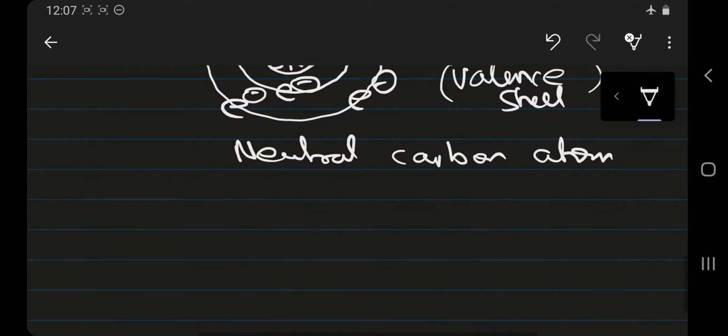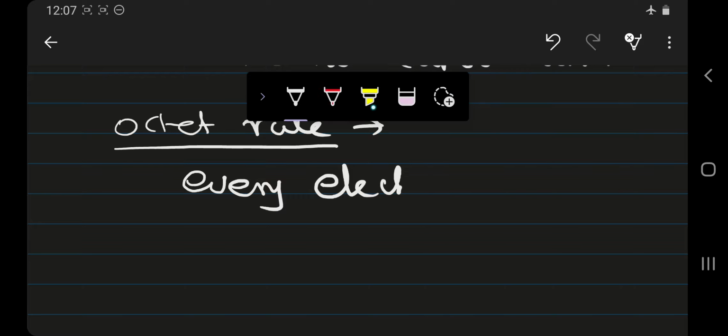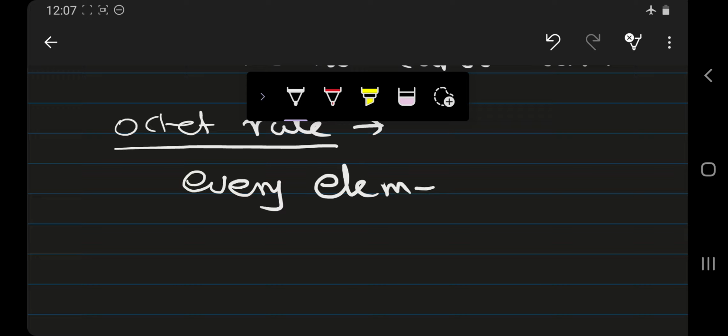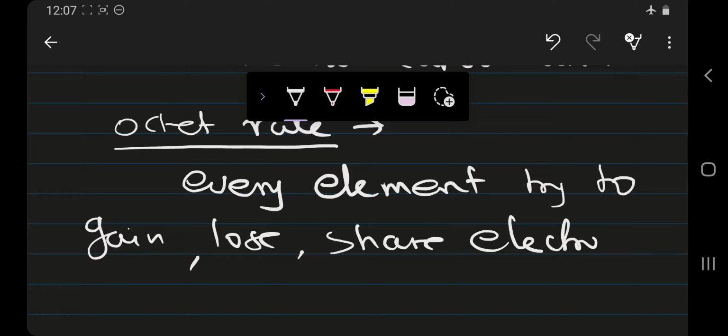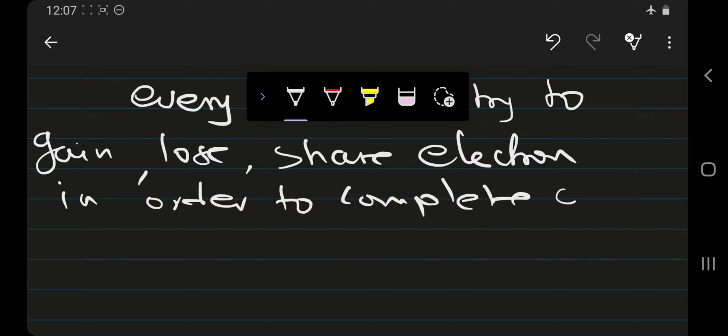Then you remember this rule from your previous knowledge, the octet rule. Now, what does the octet rule state? The octet rule states that every element tries to gain, lose or share electrons in order to complete its octet.